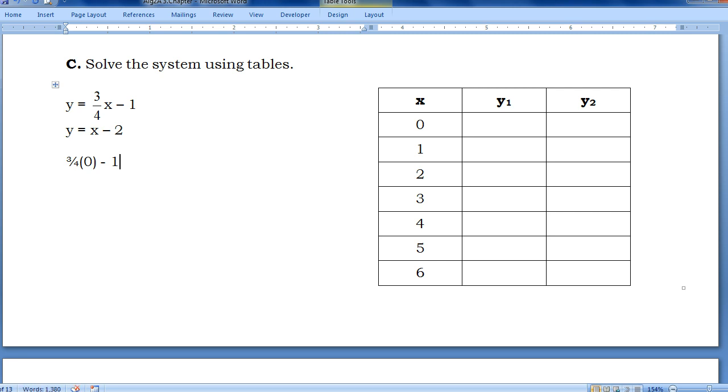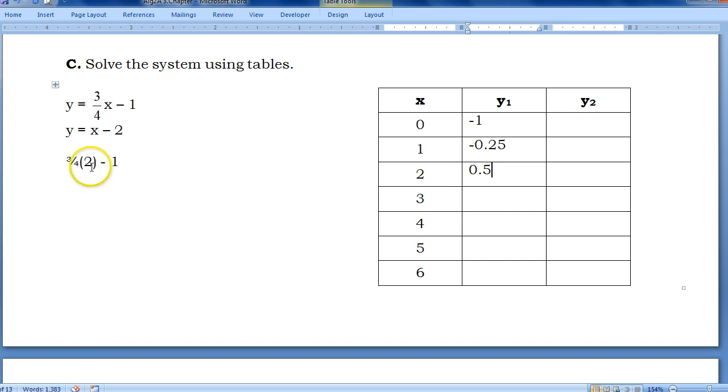So 3/4 times 0 minus 1 equals negative 1. And then we'd substitute a 1 into the equation. 3/4 times 1 minus 1, and that's negative 0.25. And then we'll put a 2 into the equation, and that's positive 0.5.